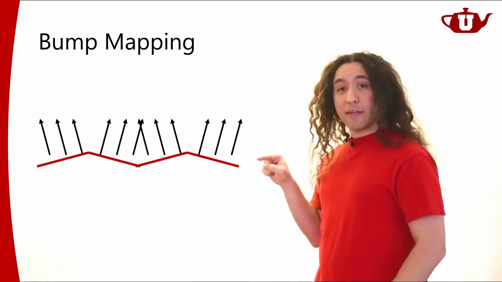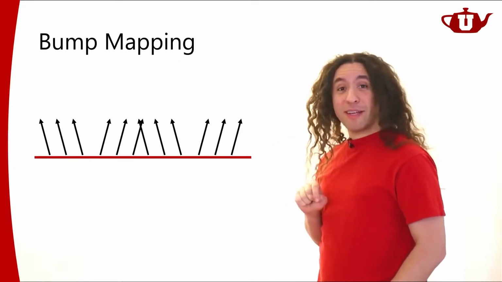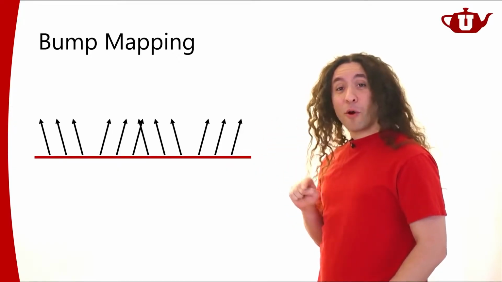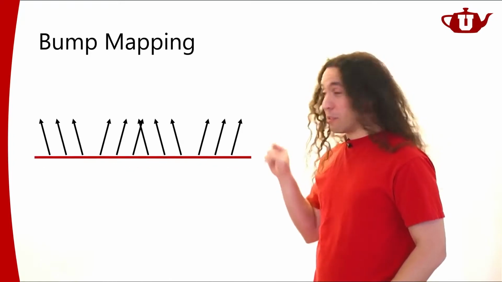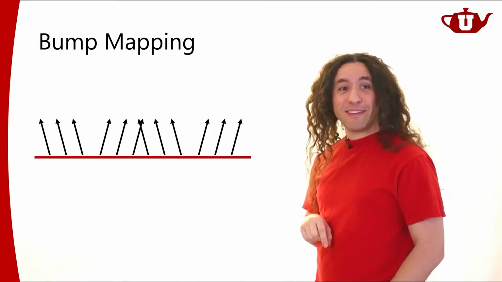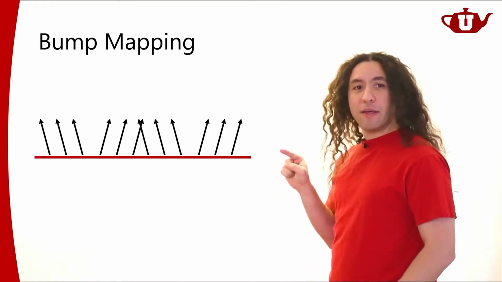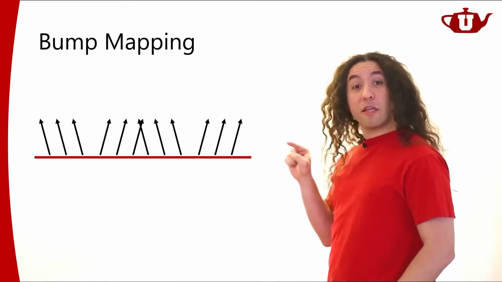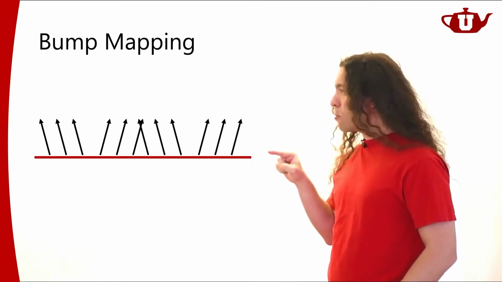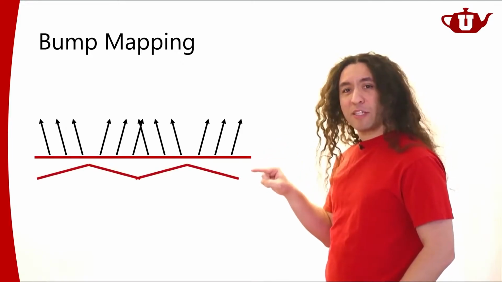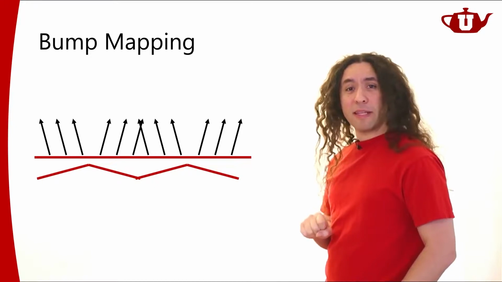So when I render this flat surface with these normals, it's going to look more like this to me, even though it's not. It's actually this with just the wrong normals on it, right? So that's the idea. That's a trick. Instead of changing the geometry, we are just changing the normals, so that the shaded image gives me the appearance of this surface in the end.